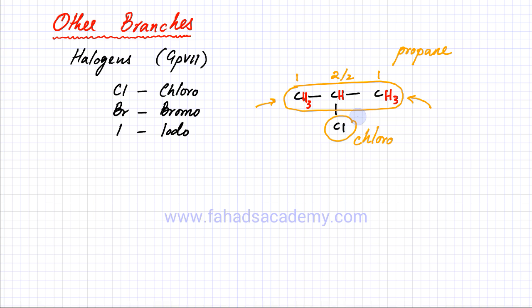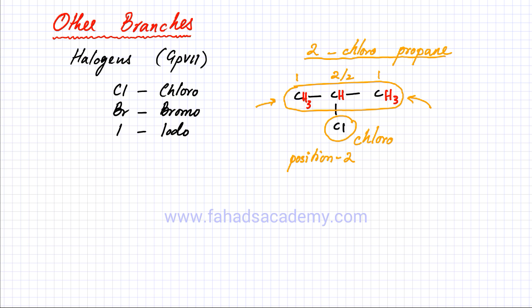Its position is 2. So the name of this particular molecule is going to be, you're going to start off with the position, it's going to be 2, and then you're going to have chloropropane. So that's your name for this particular molecule.